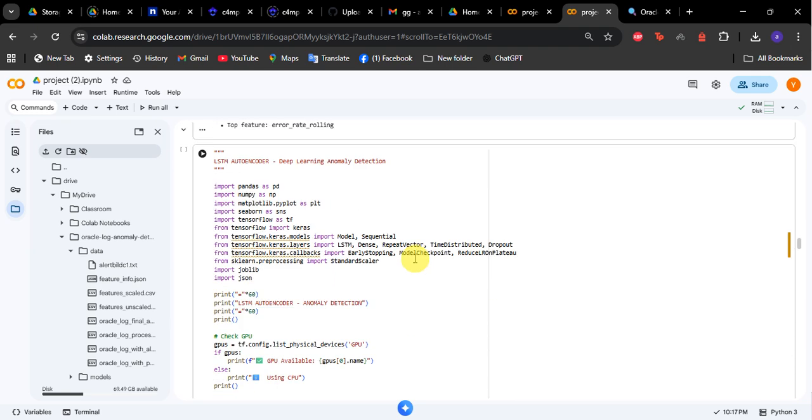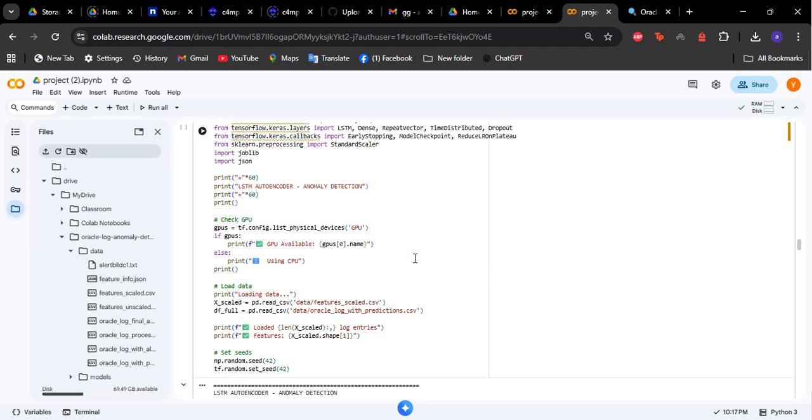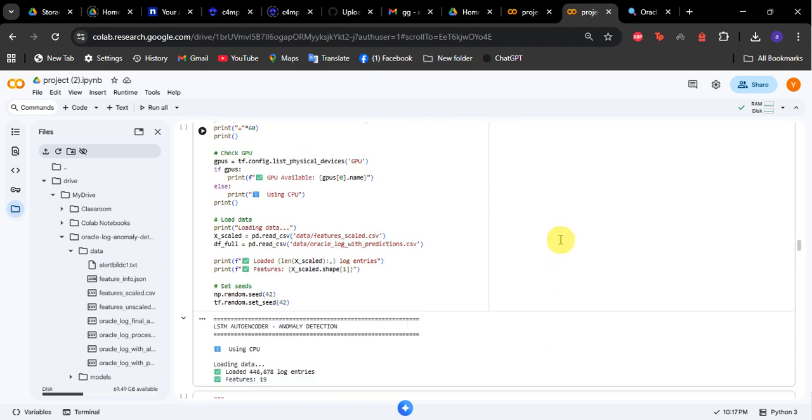The autoencoder is a neural network that learns to reconstruct normal patterns, and anything that cannot be reconstructed correctly is considered an anomaly. Each model has different strengths, and the models must agree before marking something as abnormal. This gives a stable and reliable result.